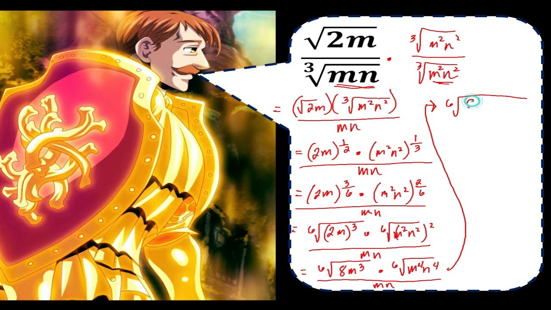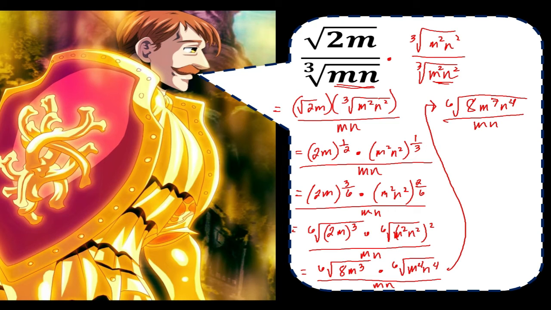Those are 8 m cubed and m raised to 4, that is m raised to 7 n raised to 4 over mn. Then, we cannot simplify 8 already because it is simplified form. N raised to 4 is also in its simplified form.